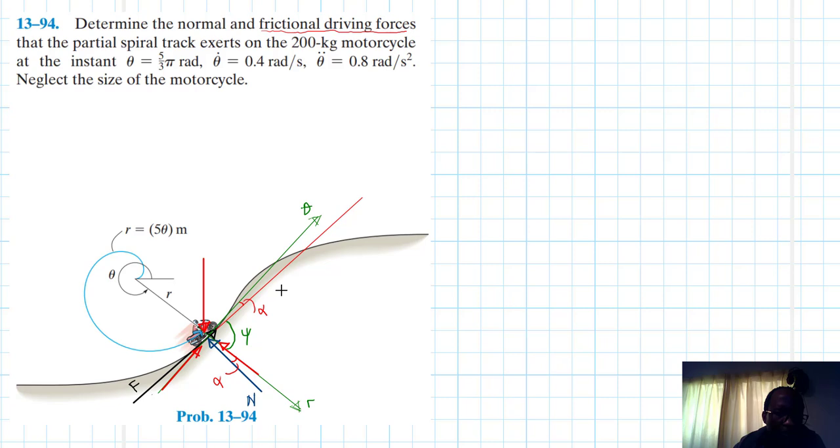Then we'll have components for W, which is the weight: one in this direction, and another one in this direction.